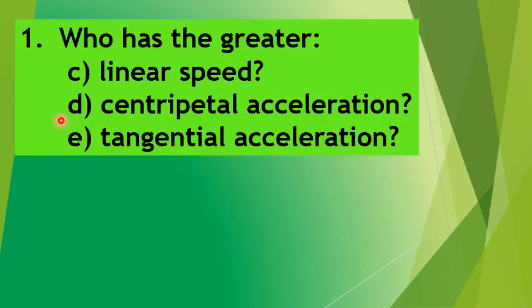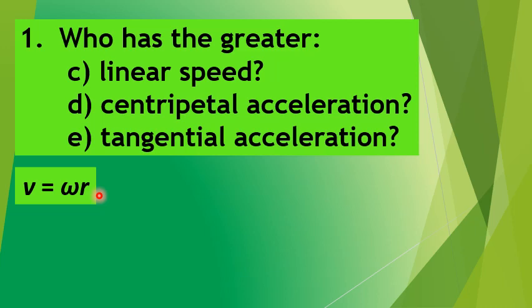For question letter C, who has the greater linear speed? All right, so linear speed, denoted by small letter v, is just equal to omega times r, or the angular speed times the radius. All right, radius here is defined as the distance from the point in question to the center of the merry-go-round. The center of the merry-go-round acts as the axis of rotation.